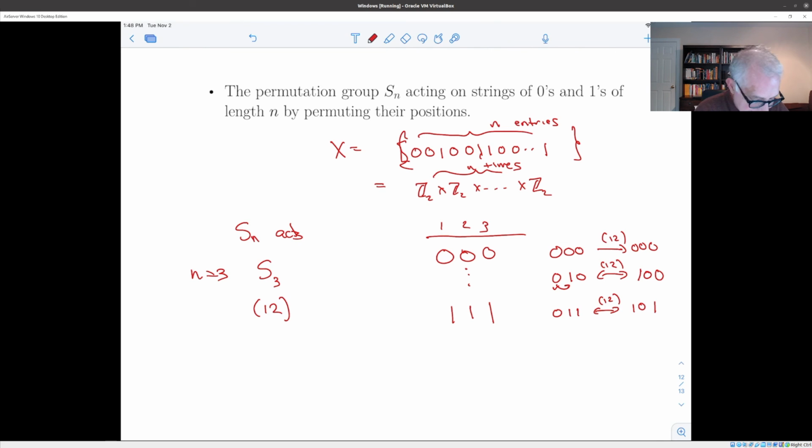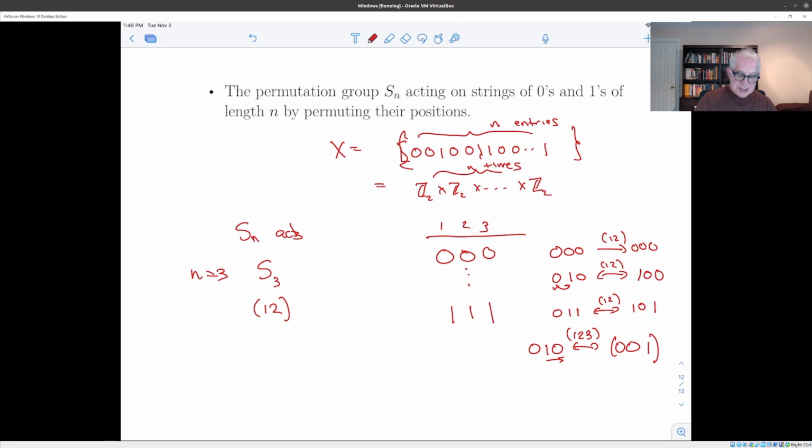And then just to make it maybe mind-numbingly obvious, if you were to apply (1 2 3) to this, you would move the first position to the second position, the second position to the third position, and the third position to the first position. So you'd cycle the digits around.